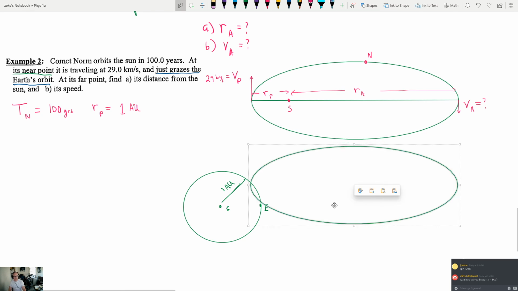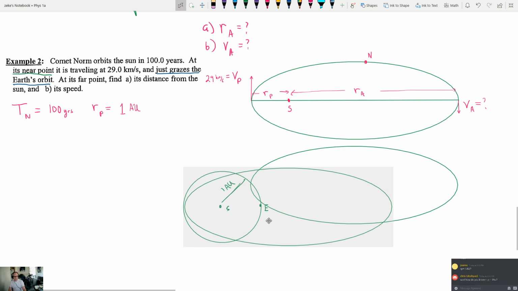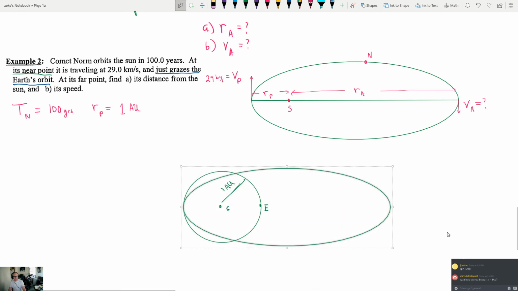Copy, paste. That's the orbit for our comet, right? And what we're saying is basically something like this happens. The distance of the comet's approach just grazes the Earth's orbit. So grazes means it kind of comes in here and it just grazes the orbit and then it leaves, right? So that distance then has to be equal to 1 AU. Does that make sense, Chris?